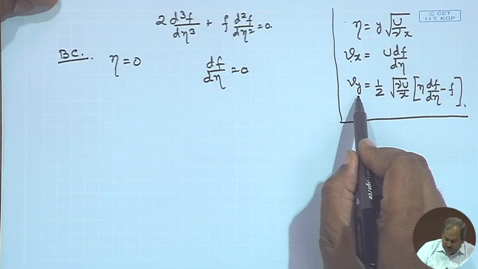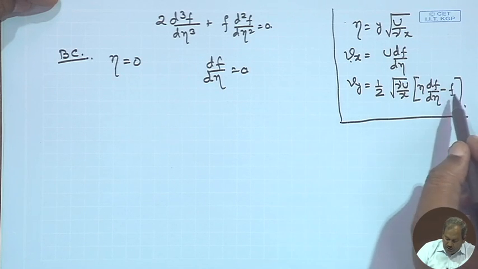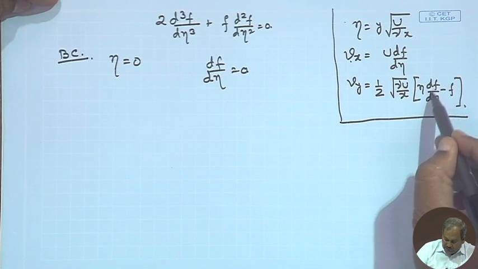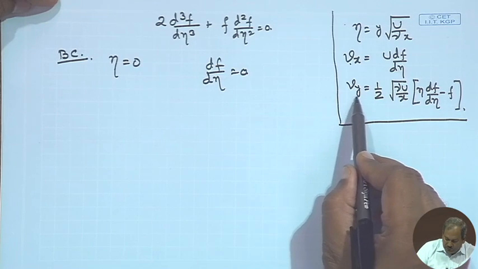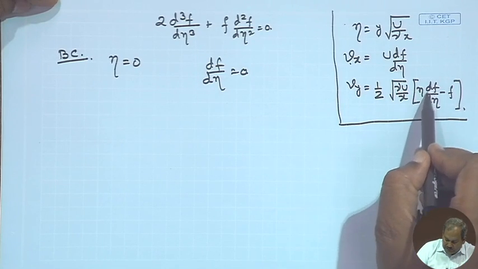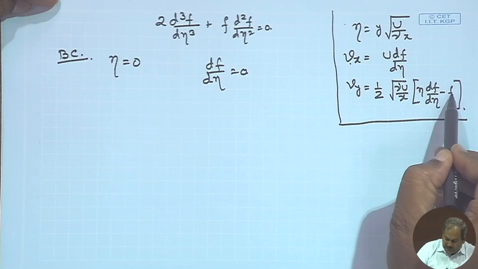At eta equals 0, that means at y equals 0, I understand that this term is 0 since my Vx is 0, which I have already obtained. So for Vy to be 0, since this is 0, this term must also be 0.